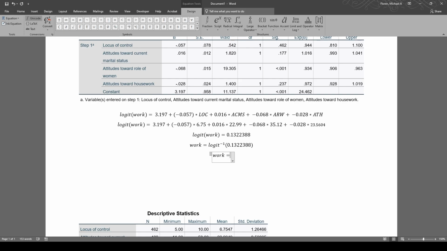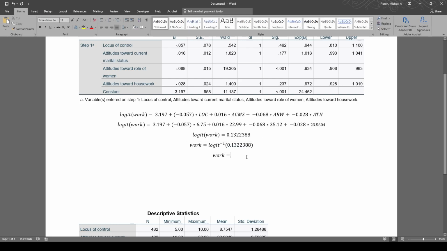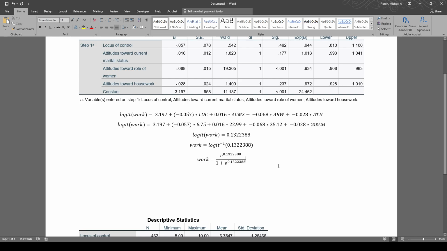Ultimately, it involved taking e to that number divided by 1 plus e to that number. So this is the number that I want. And I'm going to do e to that number divided by 1 plus e to that number. And that's going to be my equation here.